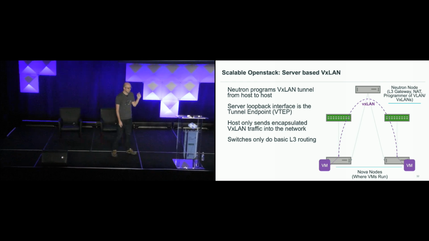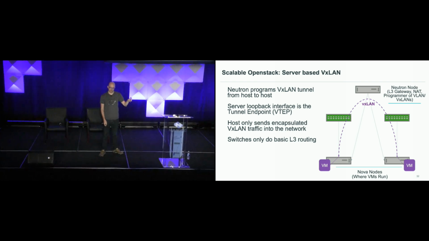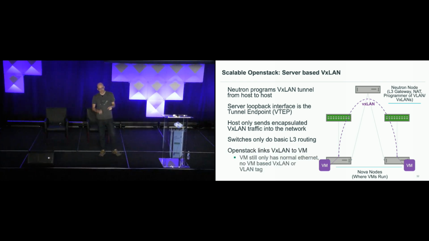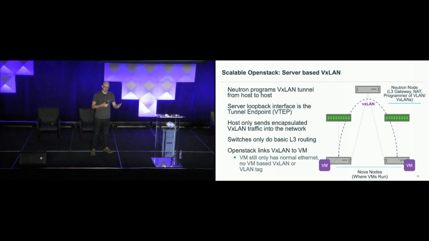The switches are only providing that layer 3 routing. And it's up to Openstack to link the VM, the VLAN, and the VXLAN. The VM itself is not aware of any of these things. It's no different to the VM. It's no different to that tenant. It still has a normal Ethernet interface into a vSwitch.